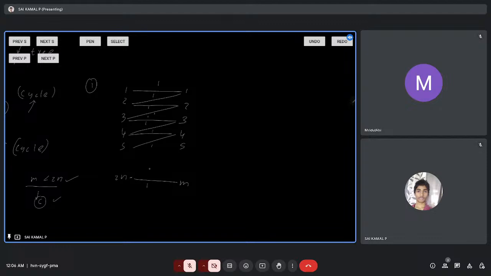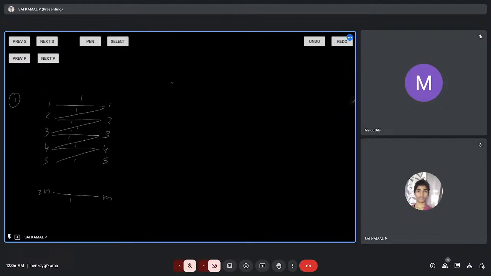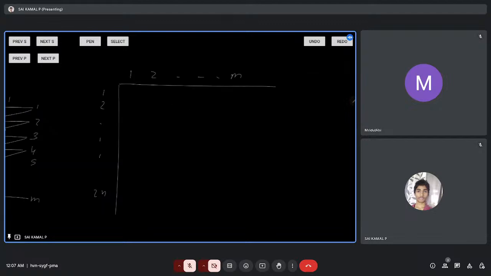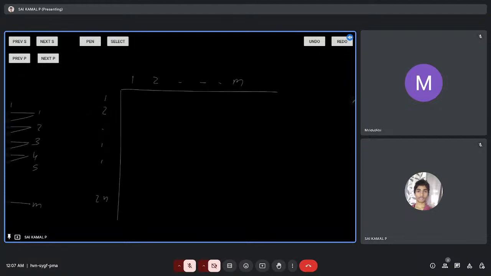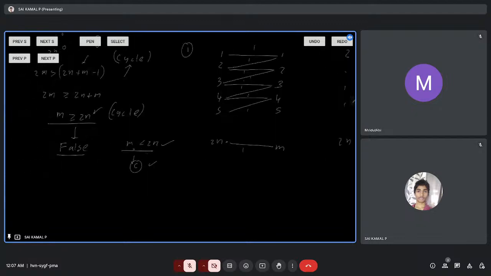Now we try to represent this in matrix form. They essentially ask you to output a matrix with rows 1, 2, 3 and so on up to 2n, and columns 1, 2, 3 and so on up to m. See the claim over here: we know that m is less than or equal to 2n.